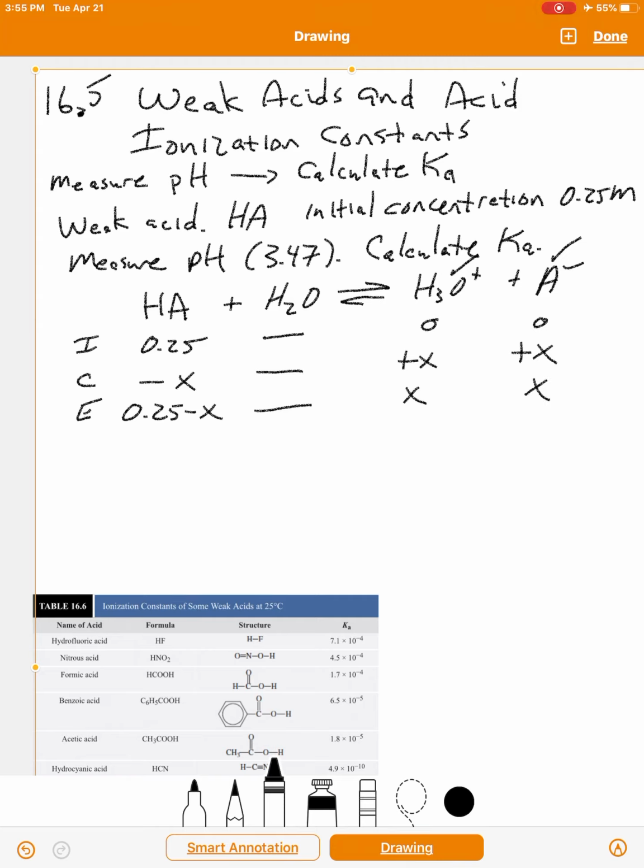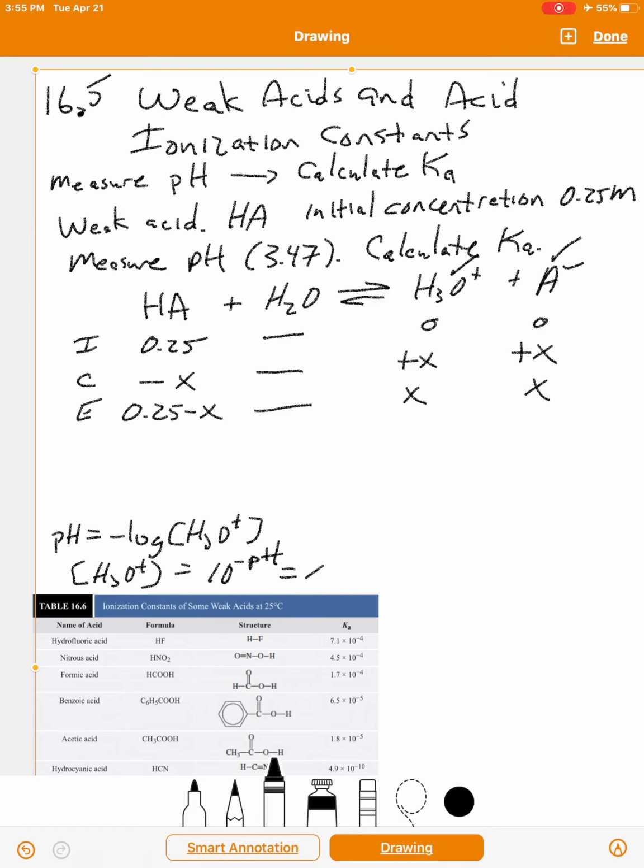Here's what we do. Notice that at equilibrium, hydronium is X, and the conjugate base A- is X. Well, pH is the negative log of hydronium. So in other words, the pH is actually going to tell us what X is. The concentration of hydronium is 10 to the negative pH. We learned that in an earlier section, right?